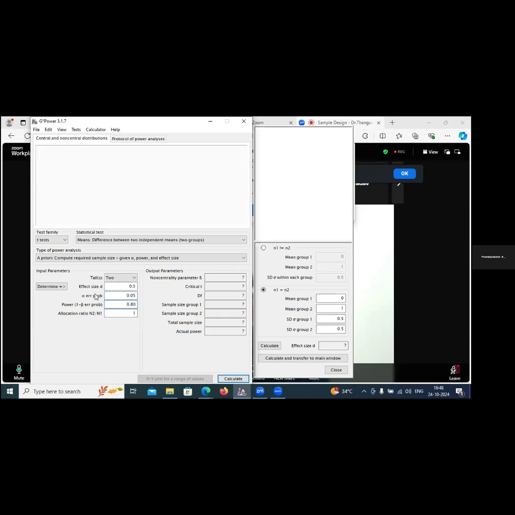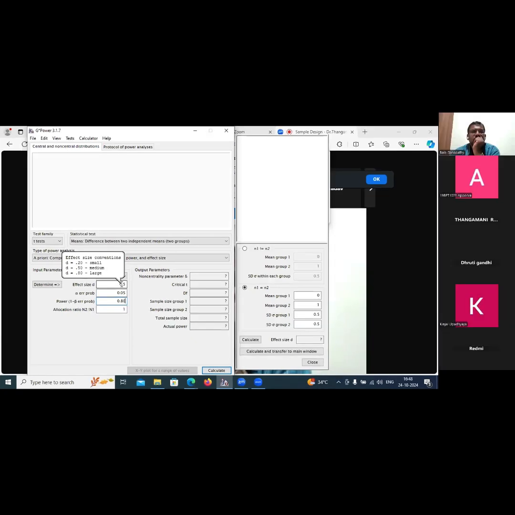If I keep the cursor on effect size, you can see d is 0.2 small, 0.5 medium, 0.8 large. Suppose I have taken a new scale and I don't know what a large effect size is. For RMDQ, if one group's disability is 80 and another group's is 40, that is a large difference. So we are supposed to know the MCID, the minimum clinically important difference.